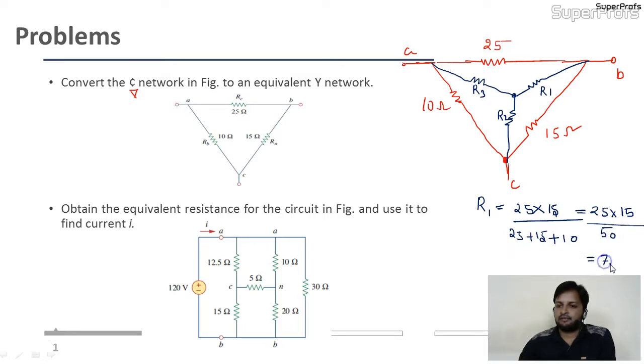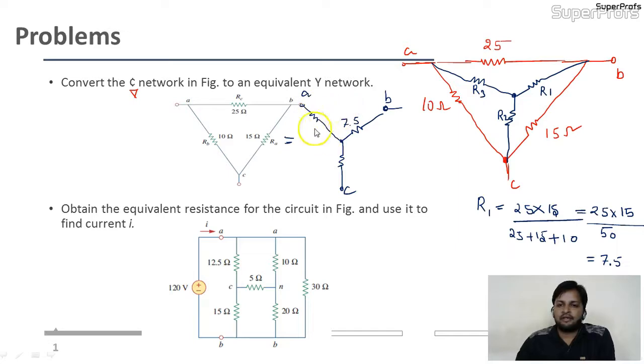Finally you are having 7.5. Is it correct? Yes, absolutely correct. So this R1 is equivalent of this circuit, 7.5. The point is same, B. This point will be connected with C and this point will be connected with A, okay.